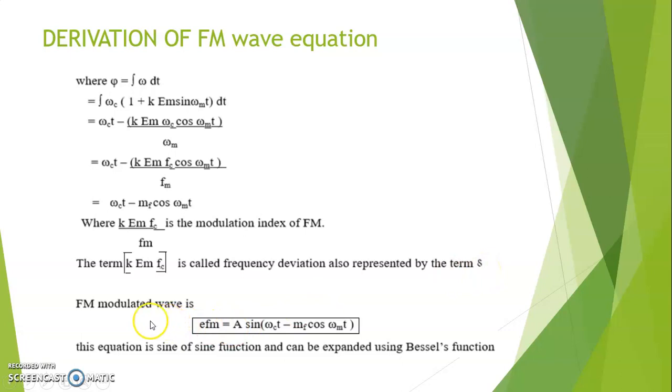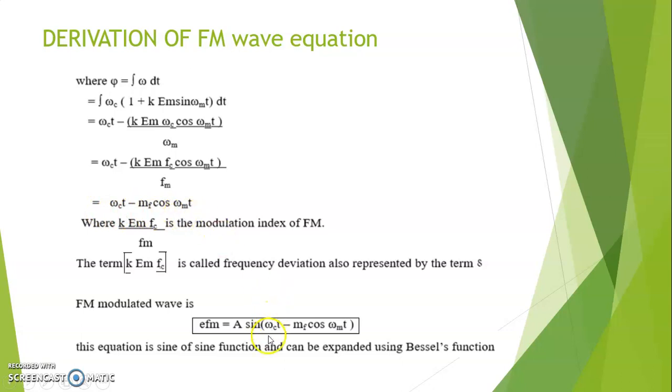So the final expression for an FM modulated wave, which we found in the previous slide, is EFM is equal to A sin phi, where A is the maximum amplitude. So instead of phi, we are going to replace it with this expression that we found out by integration.